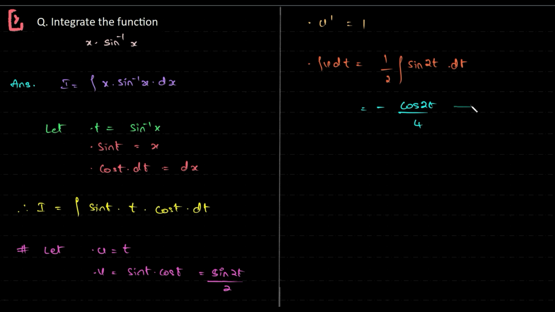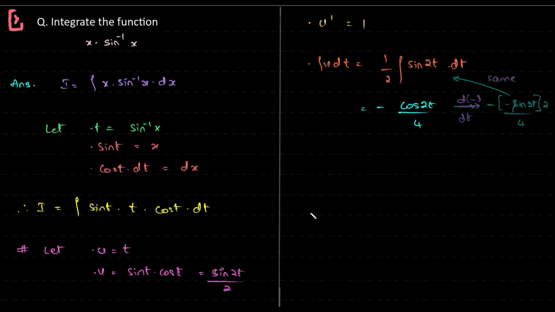If I differentiate this, I'll get a negative of negative sine 2t into 2 by 4. So this will result in the same expression, and that's how you think of it, guys. Differentiating this with respect to t will fetch us this, and that's the same as before, right?